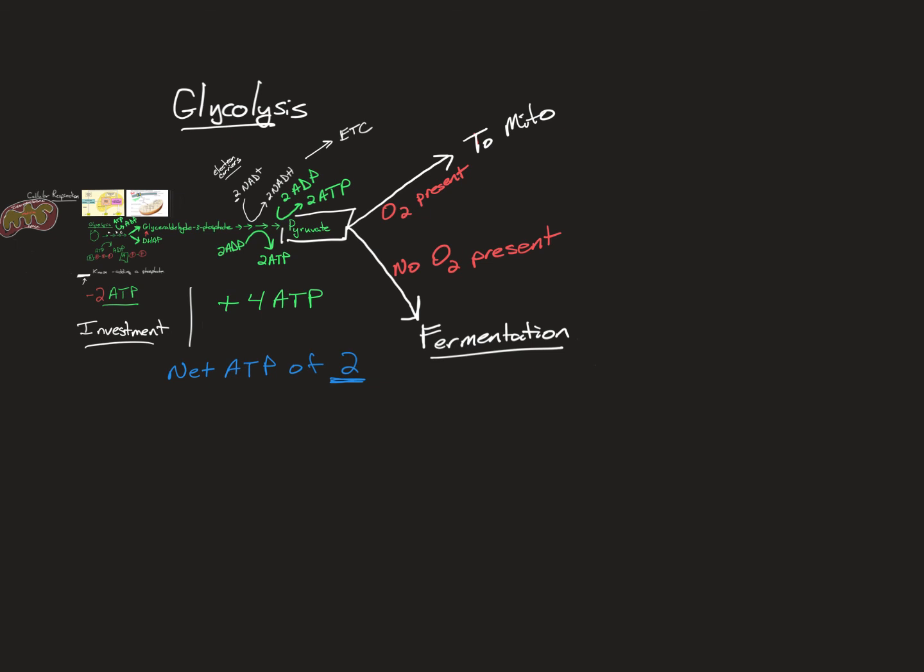So what you'll do is you'll take those 2 pyruvates that are stuck, right? Because you don't have any oxygen, so they can't go down to the mitochondria. So you're going to take those 2 pyruvates, and you're going to take 2 NADHs that you made, the 2 NADHs you made up here.